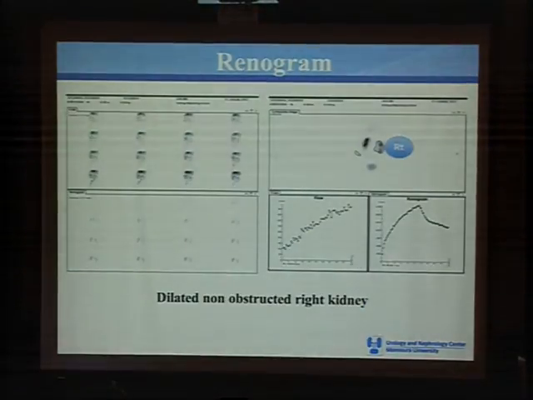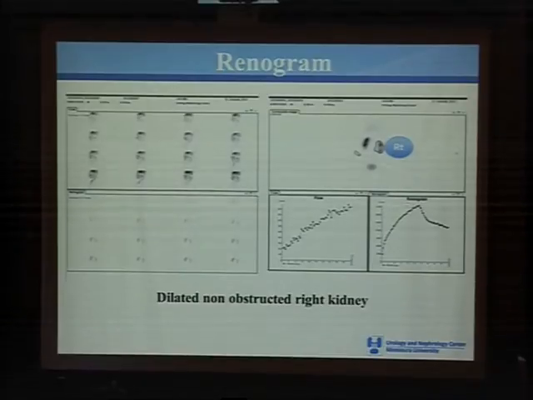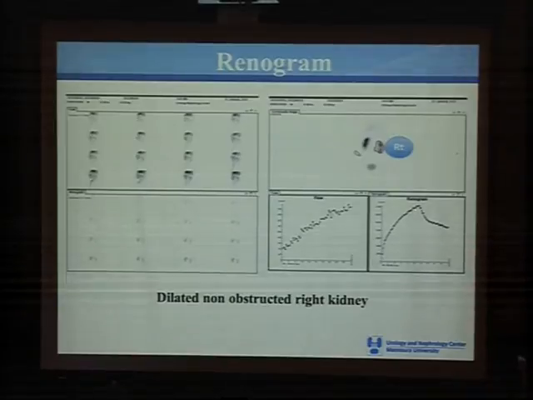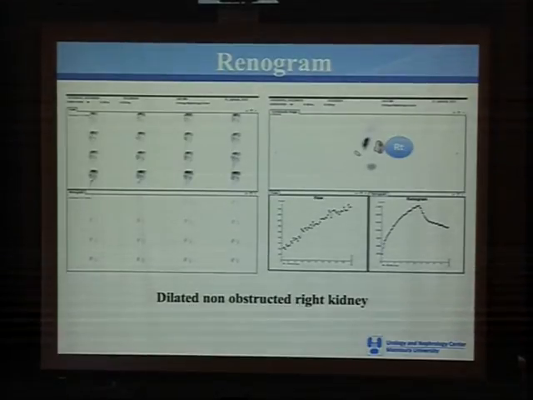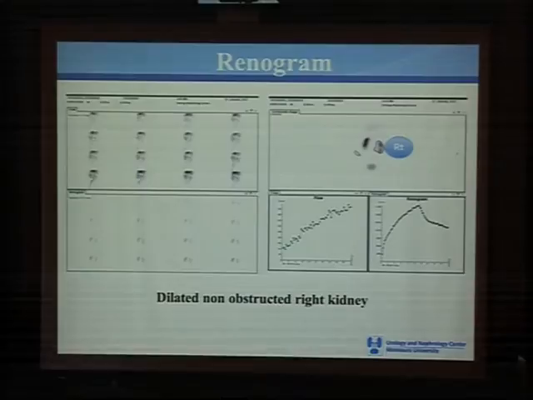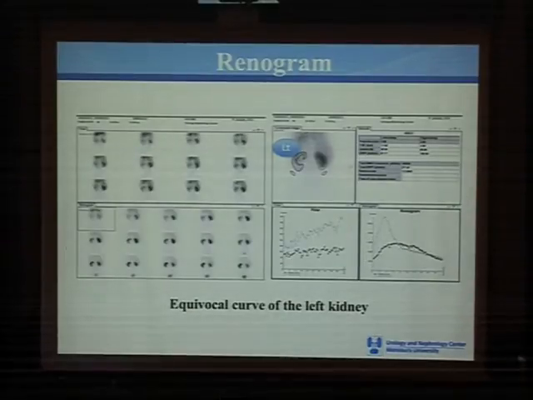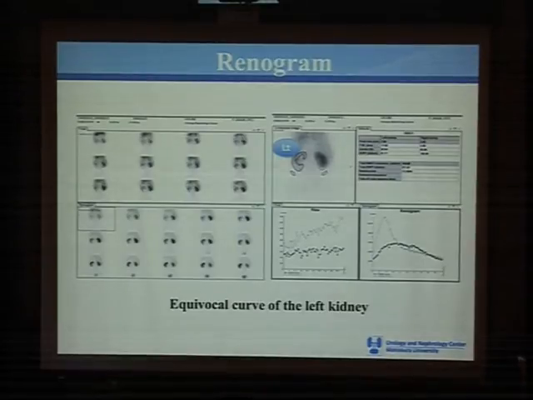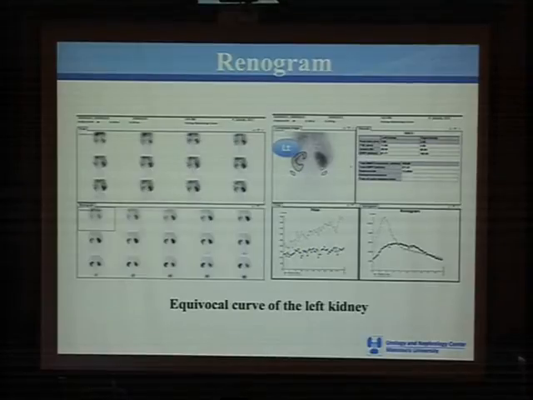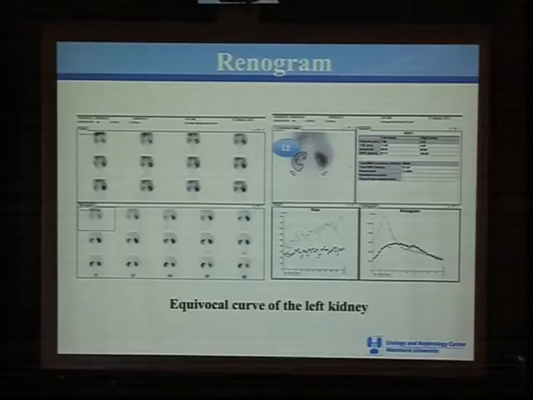Here is a dilated non-obstructed where the curve goes up and then is sustained in the summit for a long time and then goes down. This is dilated non-obstructed. And here is the equivocal curve, neither going down nor going up. So there are 4 patterns of the radioisotope renographic curve: normal, obstructed, dilated non-obstructed, and equivocal.